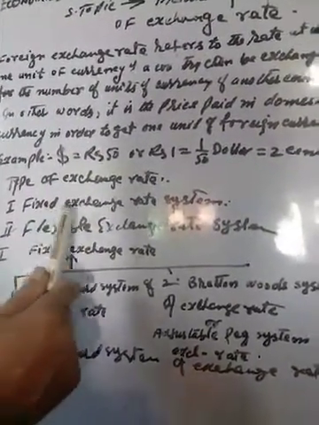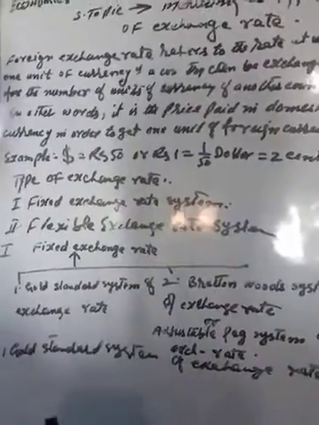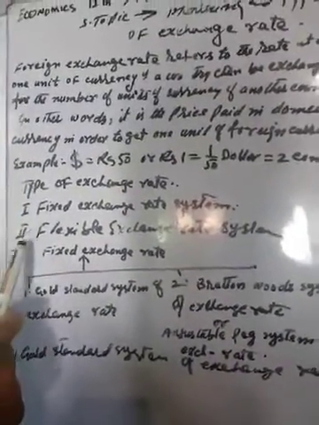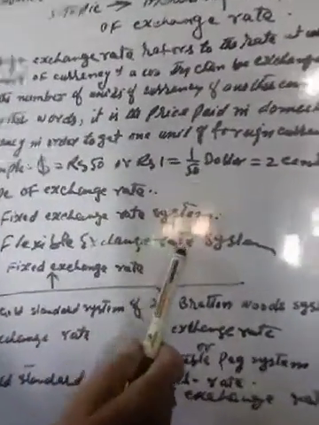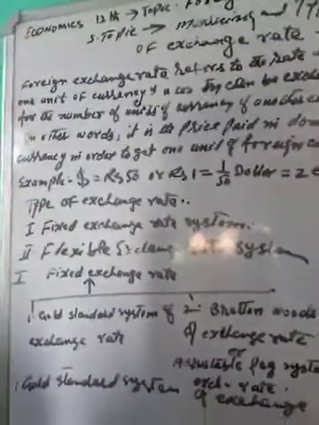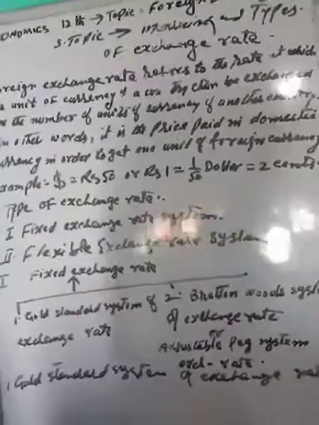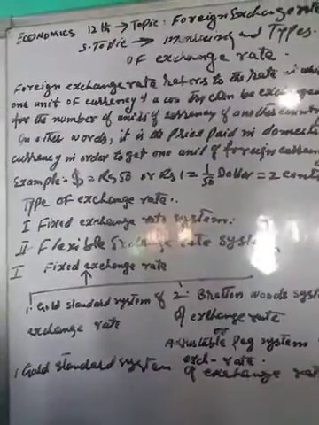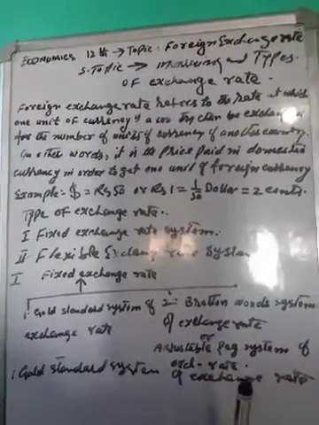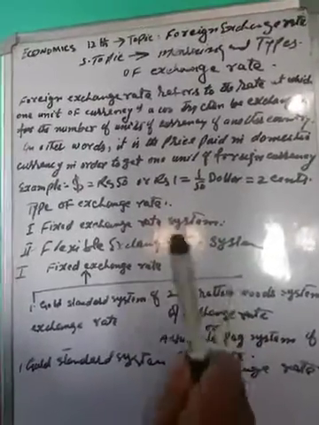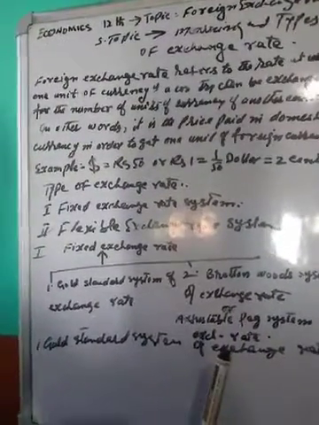Number one is the fixed exchange rate system, and number two is the flexible exchange rate system. Now, what is meant by the fixed exchange rate system? Fixed rate of exchange refers to the rate of exchange fixed by the government.